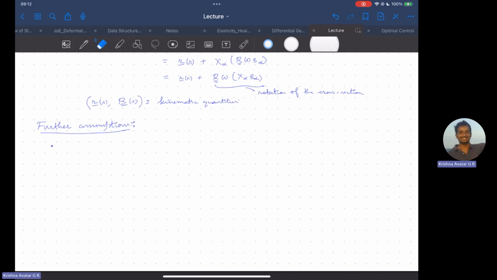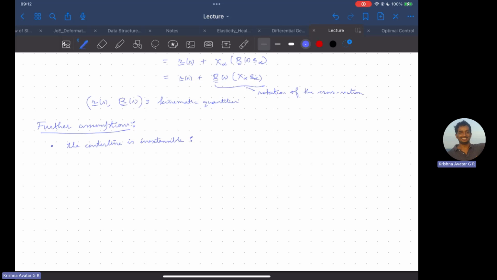What we have is the center line is inextensible, which means to say that the length of any segment on the center line does not change after deformation.